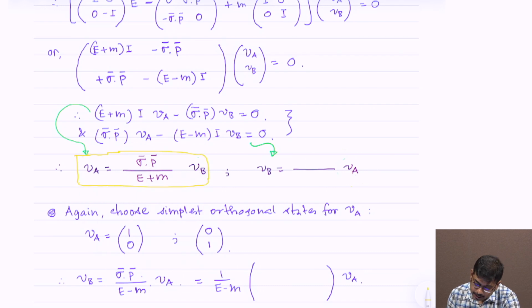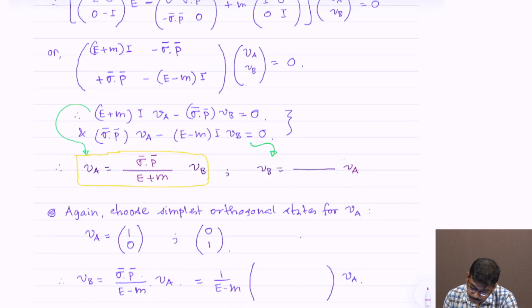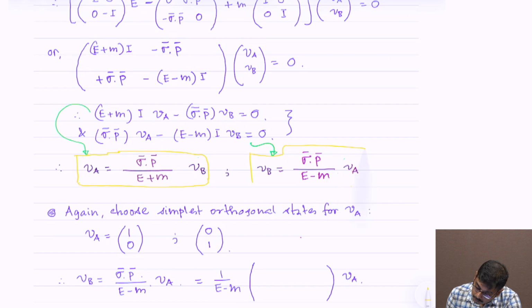On the other hand, from the second equation I can get vB in terms of vA: vB is going to be sigma dot p by (E minus m) vA, correct? So this is what we have gotten. All right.